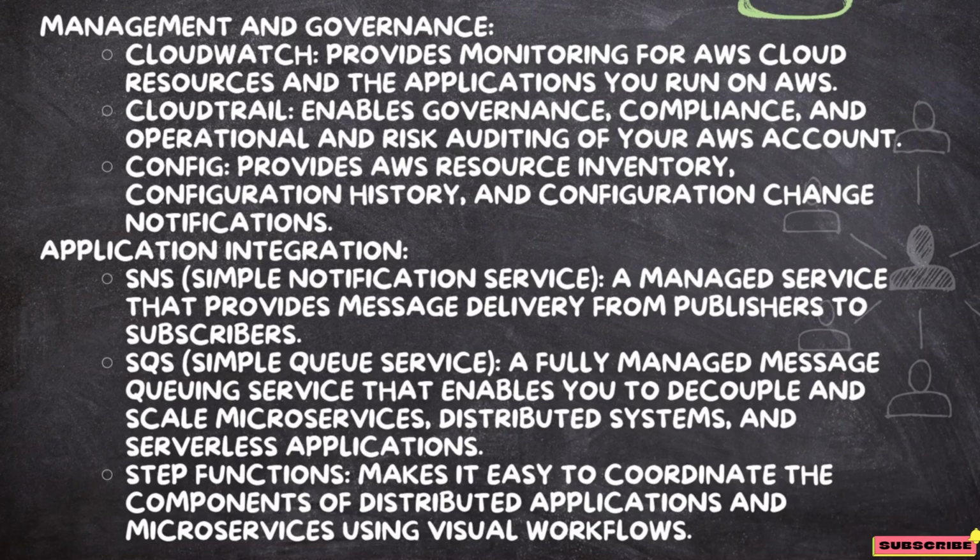Config provides AWS resource inventory, configuration history, and configuration change notifications. Well, obviously, if you have done anything inside of your server or your service, you need the configuration change and also the notification so that you are notified.